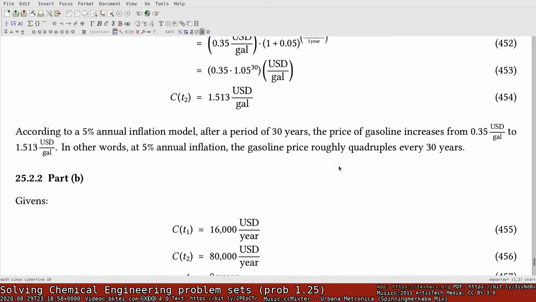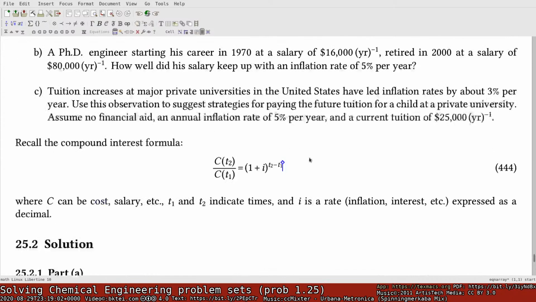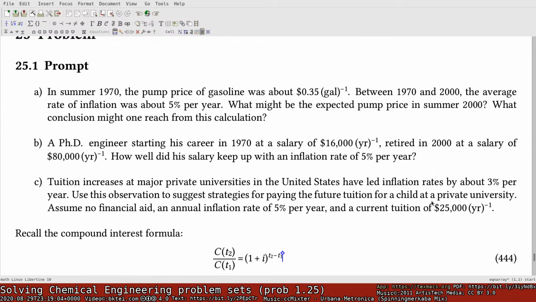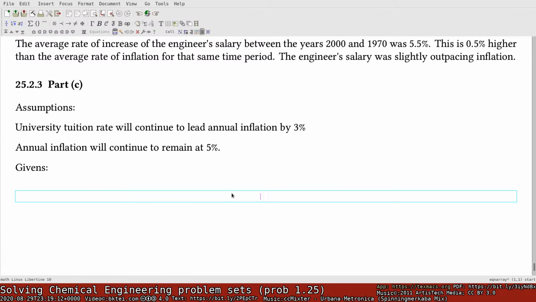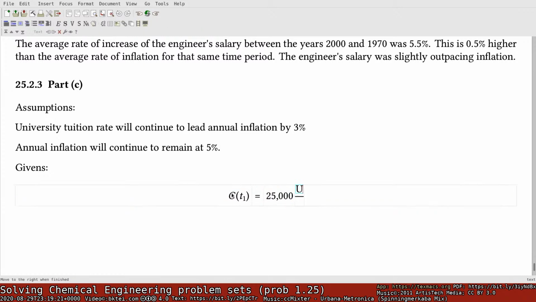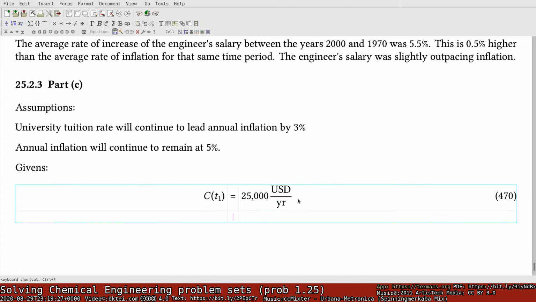Math, several equations. What do we got? We got 25,000 is our Ch1. That's it. Okay. C at T1 equals 25,000 USD per year. Use their own method of abbreviation.